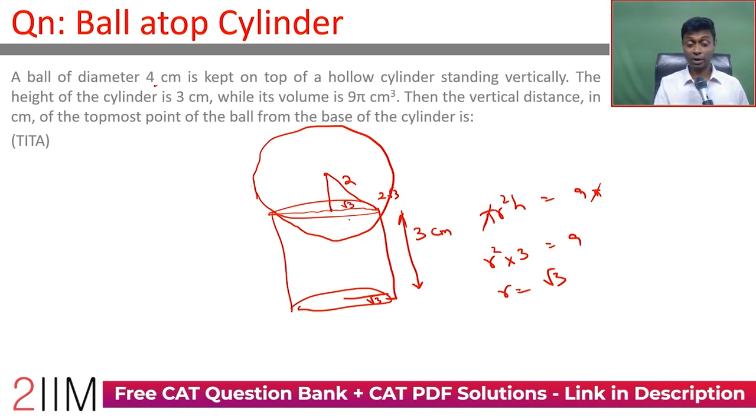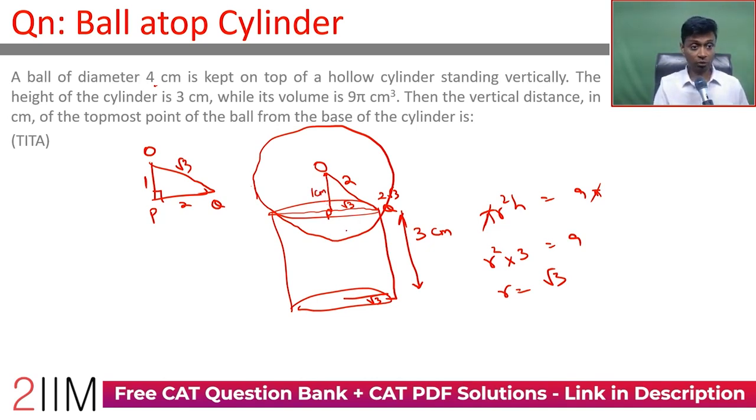And so if you imagine this shape, then this point, the center of the spherical ball that is sitting on top of the cylinder, to the center of the circle that is the topmost layer of the cylinder, let's say that is P, and the end point of that diameter, let's say Q, and this shape OPQ is a right angle triangle. This is root 3, this is 2, this is a 1 root 3 2 right angle triangle. OP is 1. So the center of our ball of diameter 4 centimeters is 1 centimeter above the top circle of this cylinder.